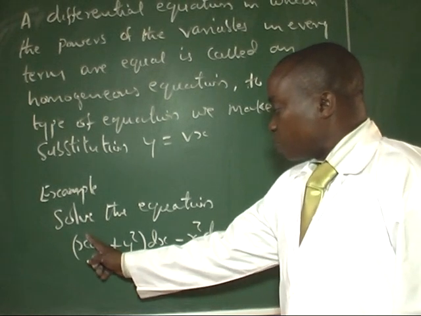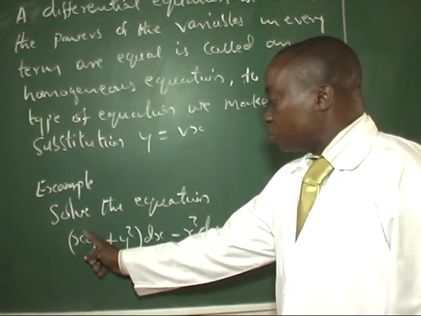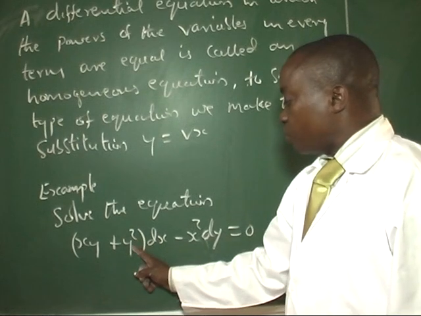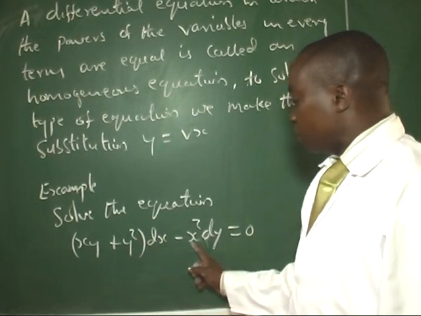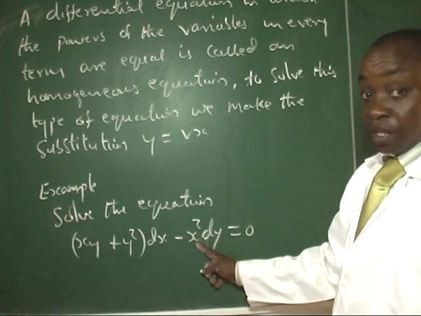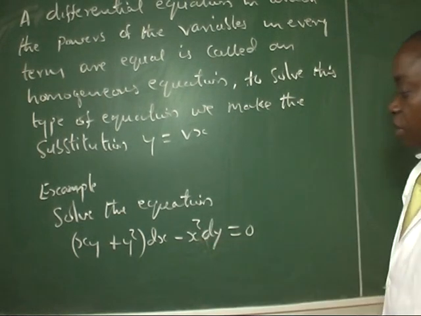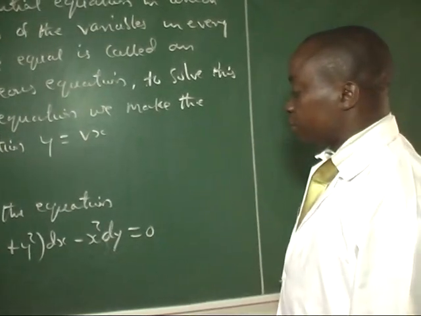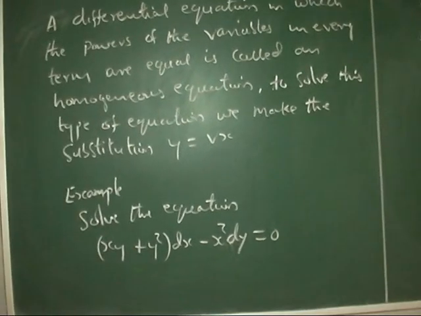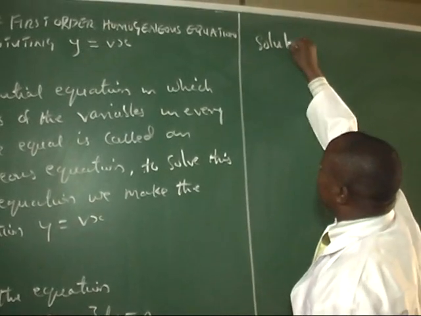Look at it. This has power 1 and 1, so we have power 2 in this term. This term we have one variable here and it has power 2. This term we have one variable here, it has power 2. So in each of the terms, the powers are equal. And so we can take the solution in this form.